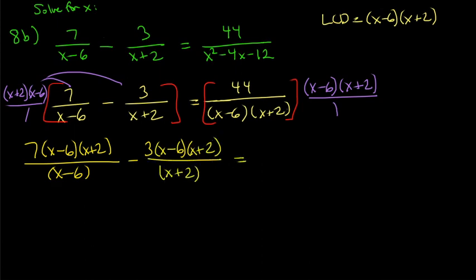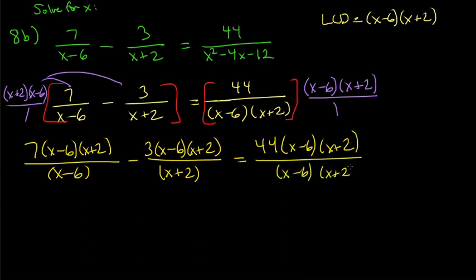And on the right side, we have 44 times x minus 6 times x plus 2, all over x minus 6 times x plus 2. So yeah, one big mess here, but notice that here the x minus 6's cancel. Here the x plus 2's cancel. And on the right side, they both cancel.